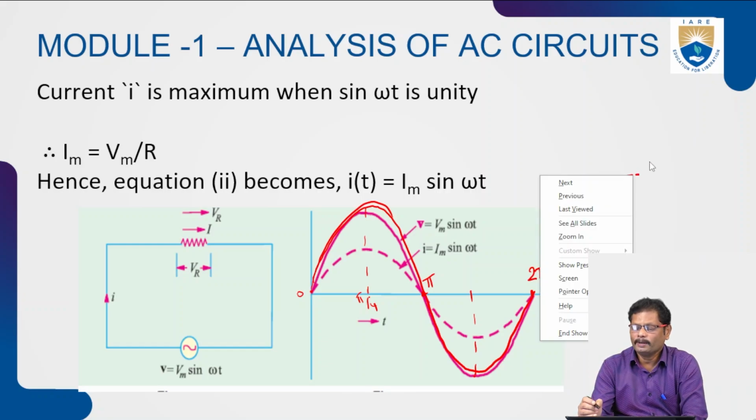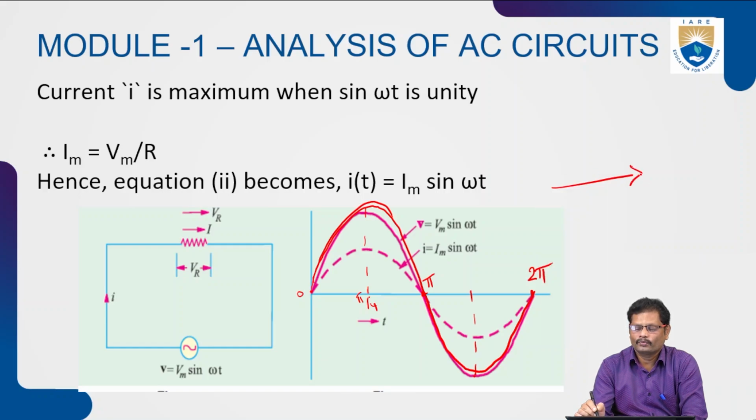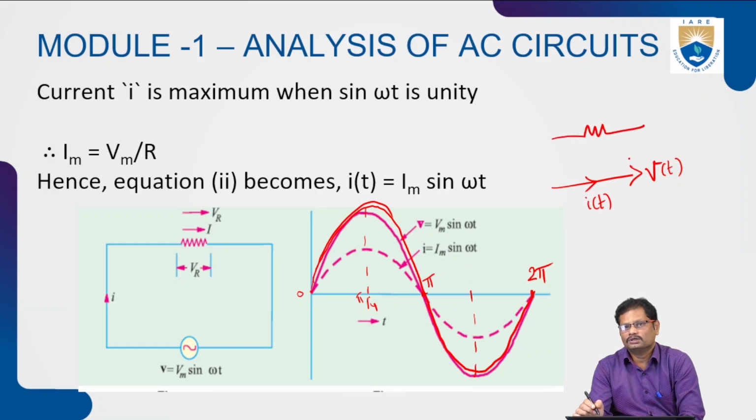If it is v of t, I of t also follows the same phase. So for a pure resistor, the voltage and current are both in the same phase. There is no phase angle difference between the two quantities.